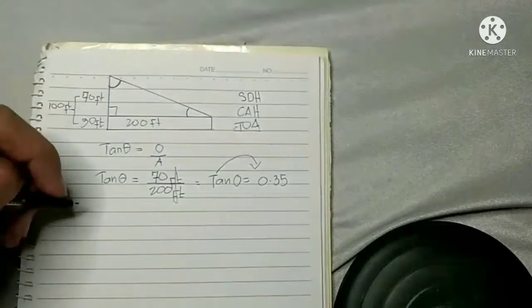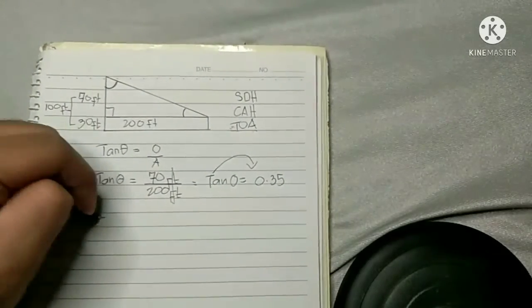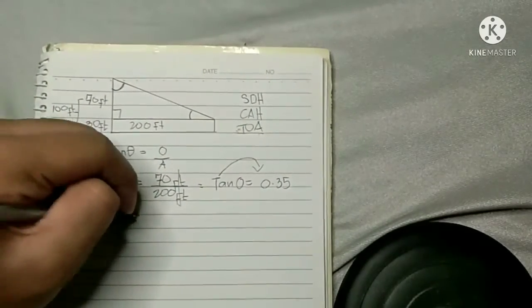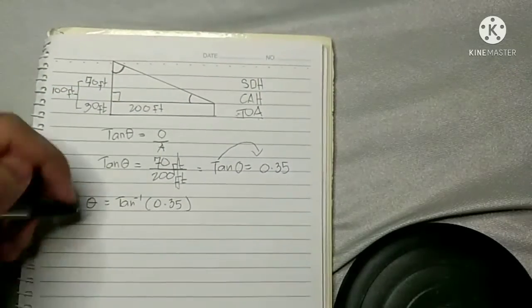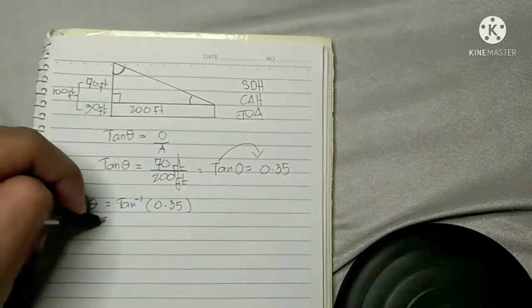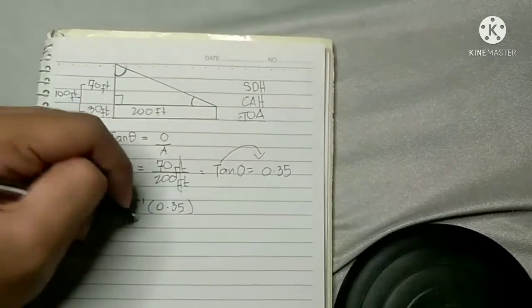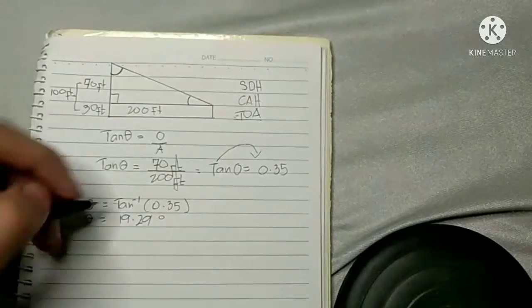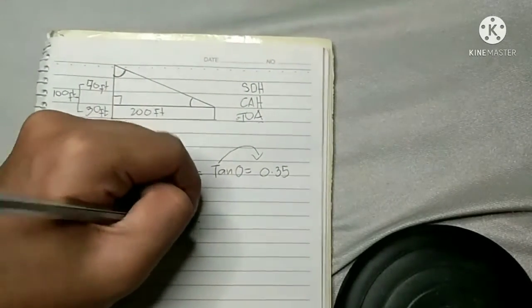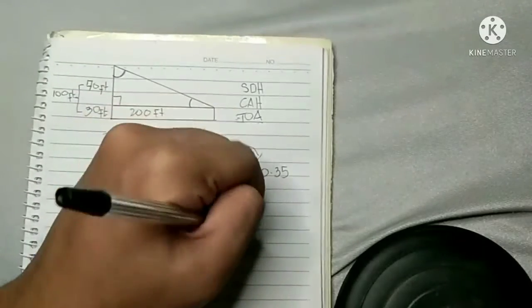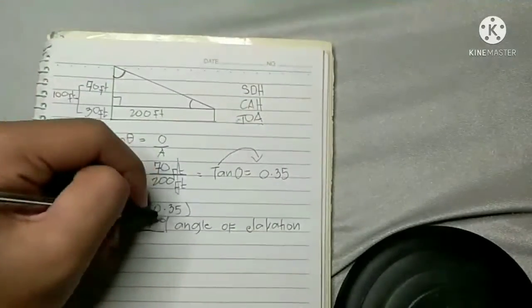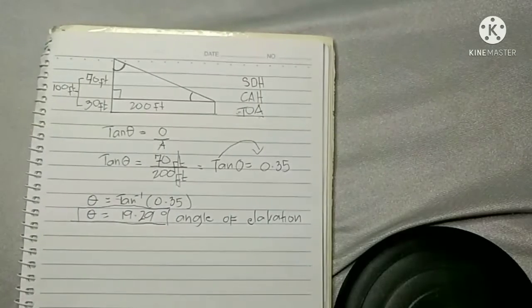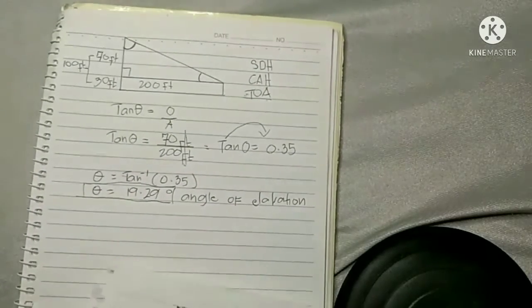So to solve, theta equals the inverse tangent. We can do this in our calculator by pressing shift and tangent to get the inverse tangent. So theta equals inverse tangent of 0.35. Using our calculator, we get theta equals 19.25 degrees, and this is our angle of elevation.